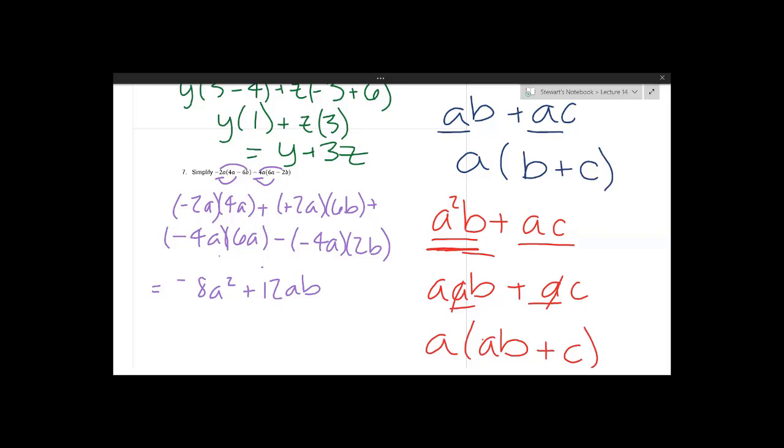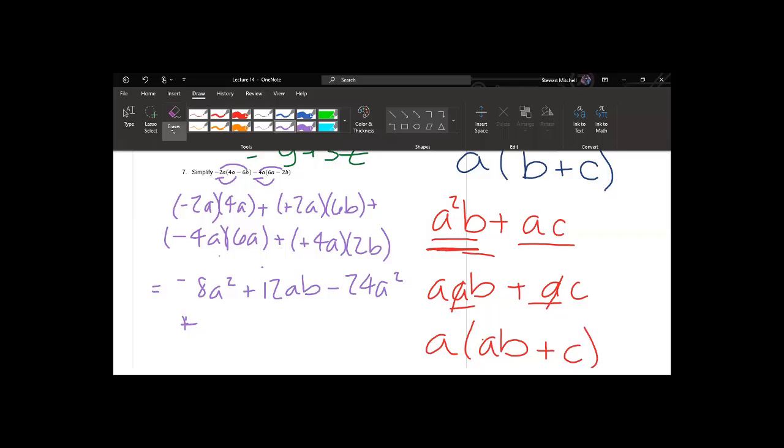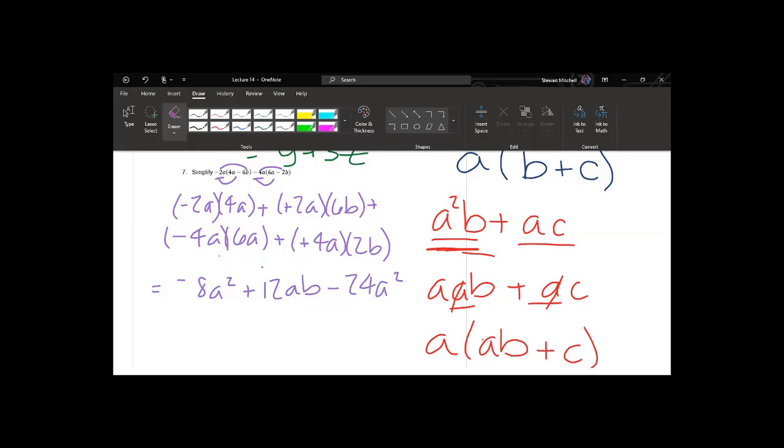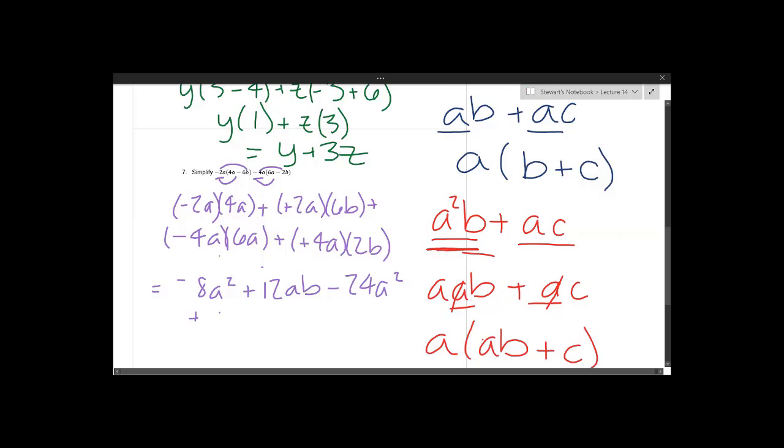And then plus a negative 4a times 6a would be negative 24a squared. And then we have minus the negative again, so that becomes, once again, plus a positive 4a times 2b, which is a positive 8ab.